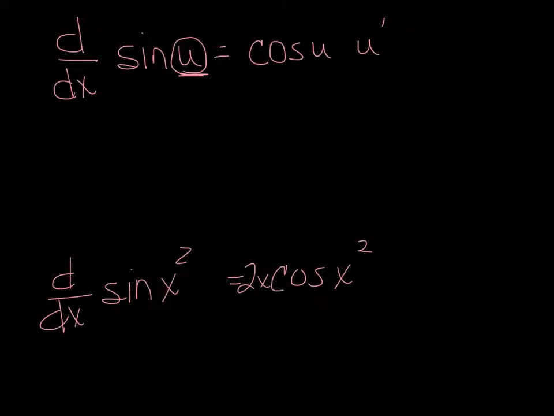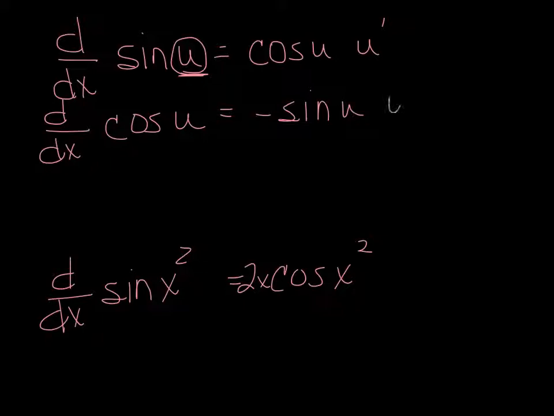All right, so what's the derivative of the cosine? Negative sine. So if u is a differentiable function of x, this is going to be negative sine of u times the derivative of u. What was the derivative of the tangent? Secant squared.